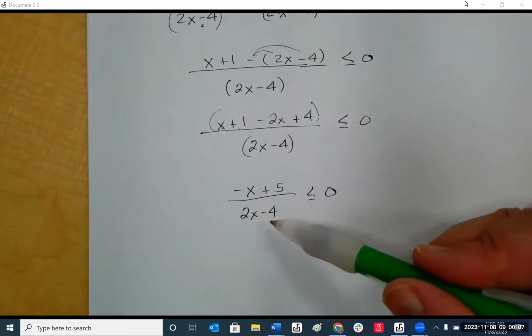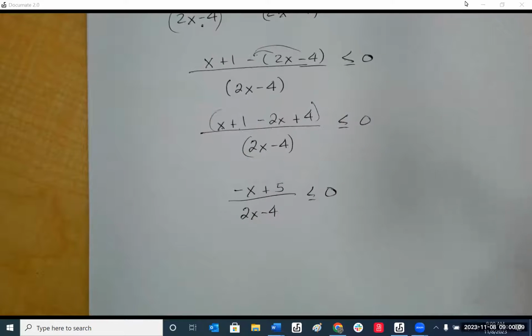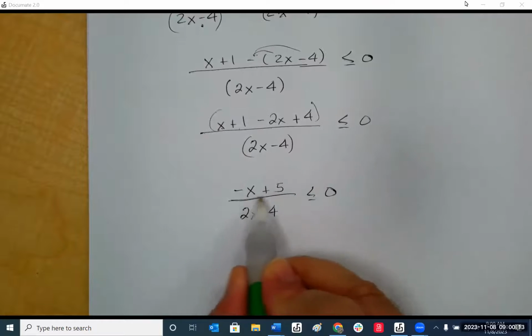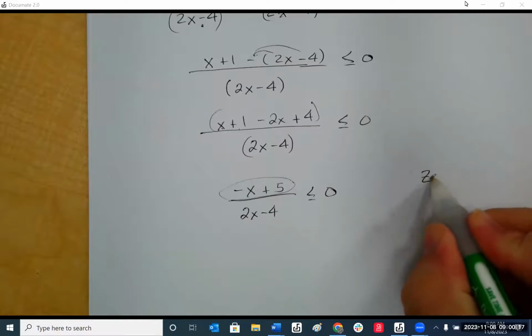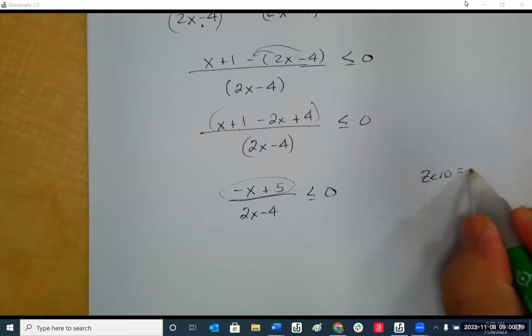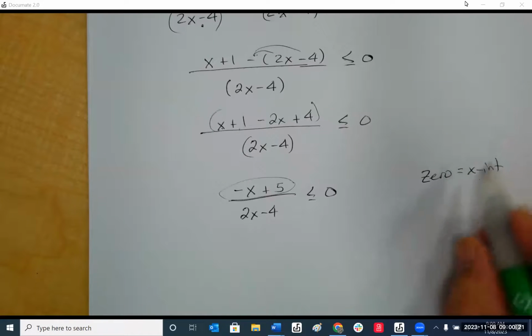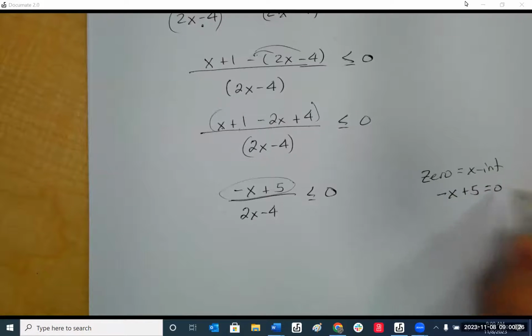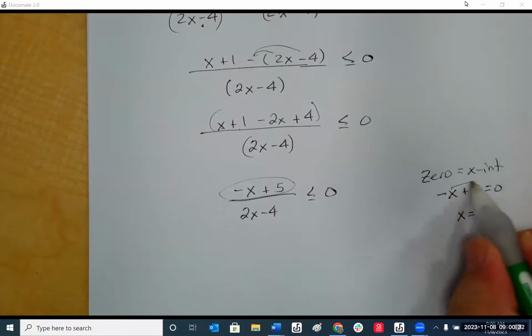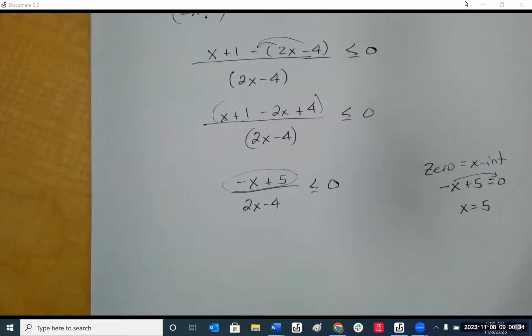So the vertical asymptote is still positive 2, but now we can find a 0, or x-intercept. Set the top equal to 0. x equals 5. I move the x over since it's negative.